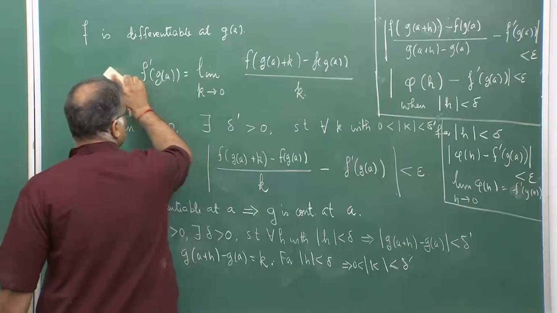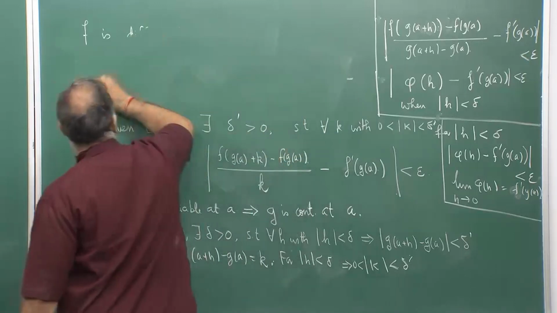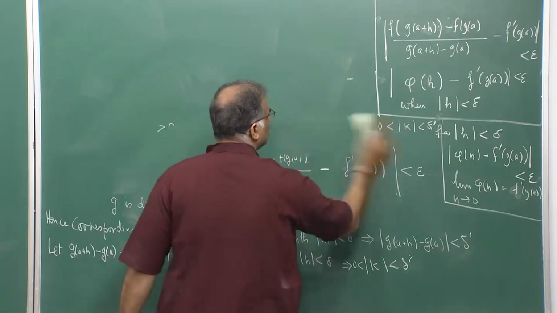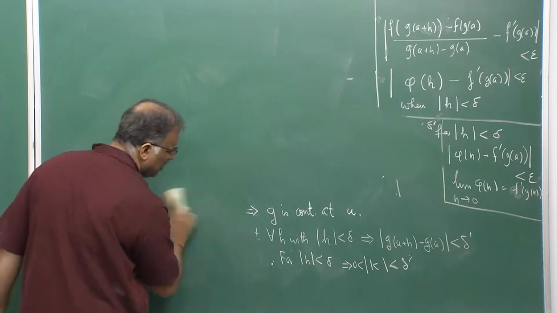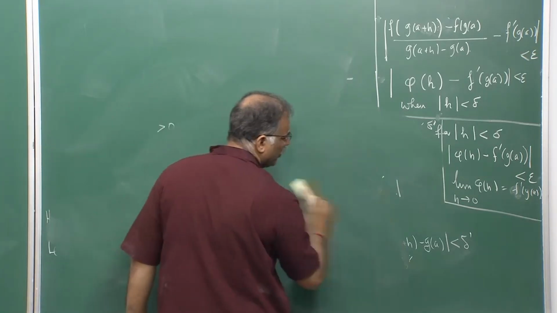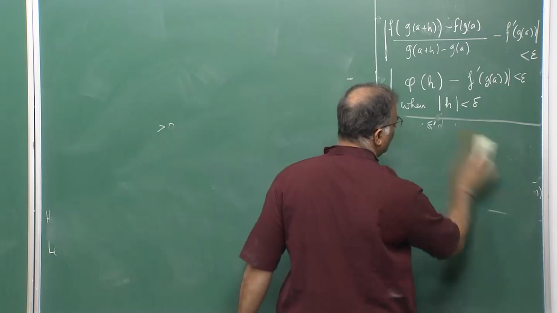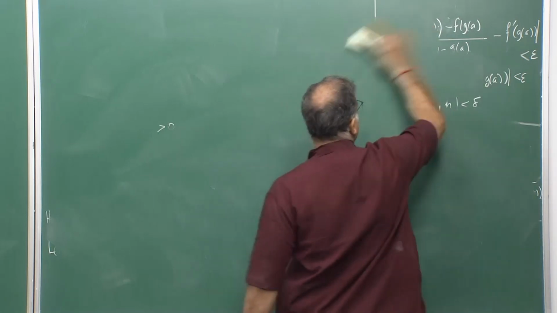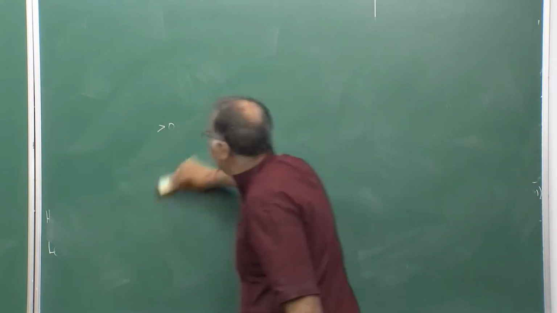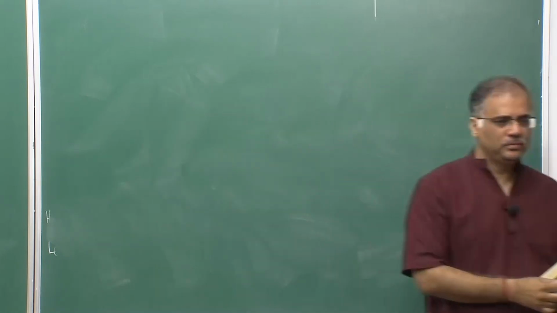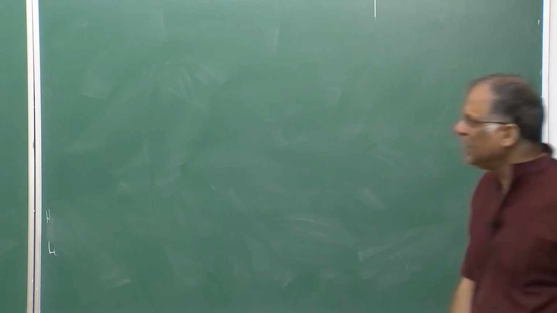I am just removing this part, and we will finish the rest, and hence our discussion on rules for differentiation. This is the most important rule, one of the most important rules of calculus, and many people do not understand very clearly how to handle it. So now what can I write?